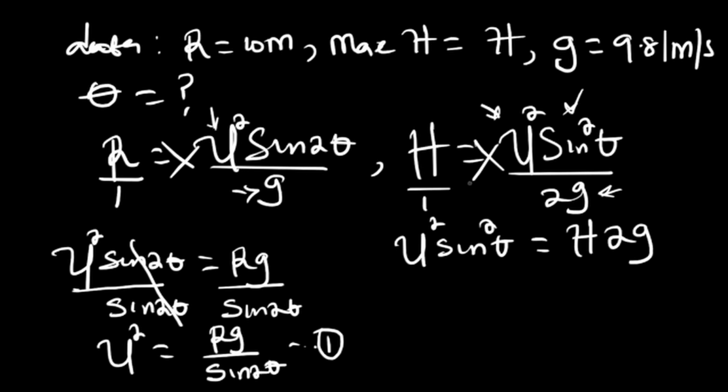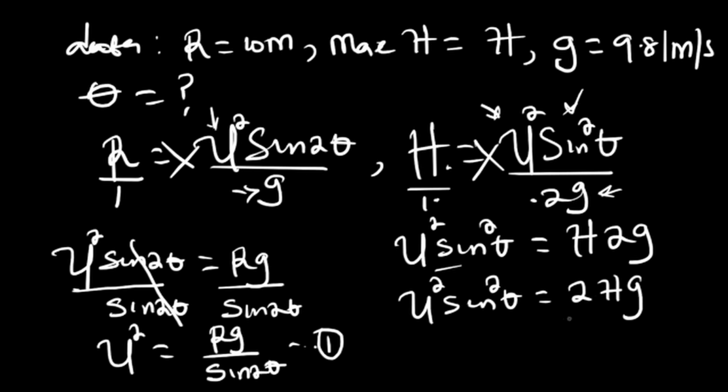So everything here multiplied by 1 gives us this, and the h multiplied by the 2g gives us h2g, or I can still write it properly this way. We have our u squared sine squared theta is equal to 2hg. Good. Now, to also solve for u squared, we divide both sides by sine squared theta.